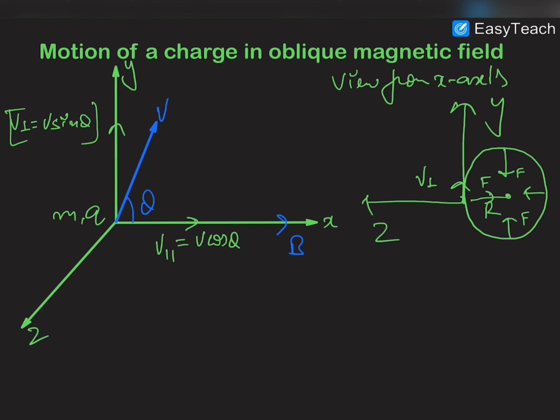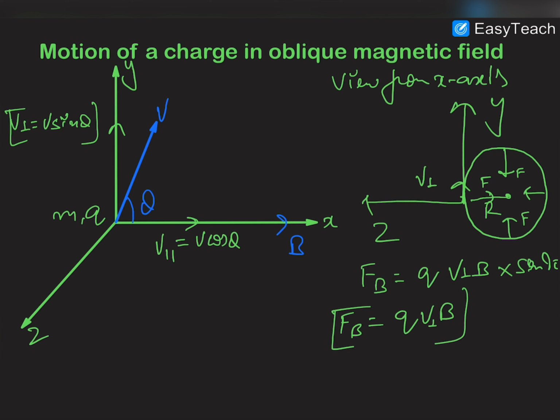And we can also see that the centripetal force in this case will be F magnetic, and magnetic force will be Q V perpendicular into B into sin 90, because you can see that magnetic field is towards x-axis and the perpendicular component of the velocity is towards y-axis, which is always perpendicular to the magnetic field. So we can say that the magnetic force will be Q V perpendicular into B.